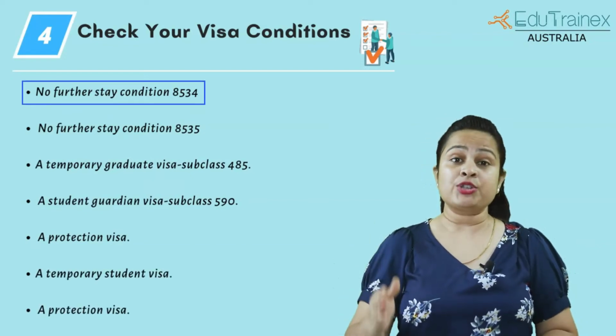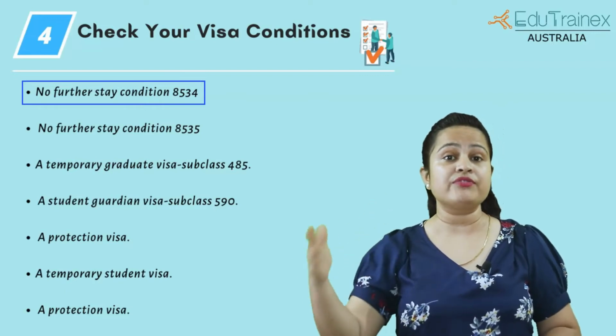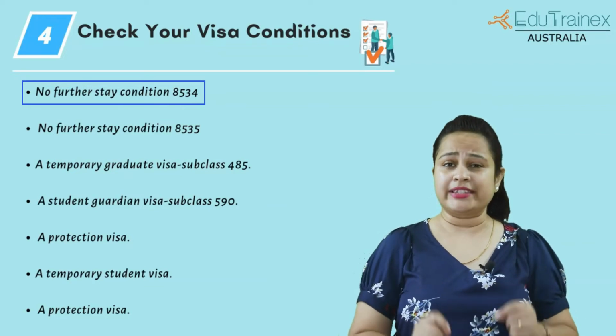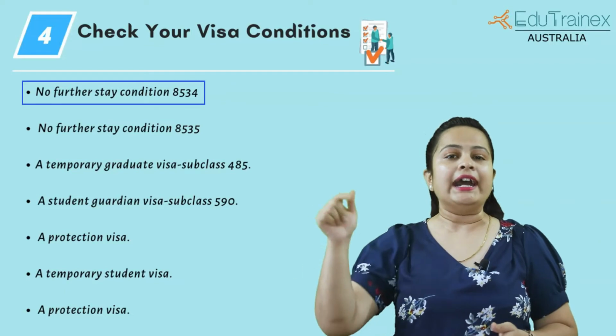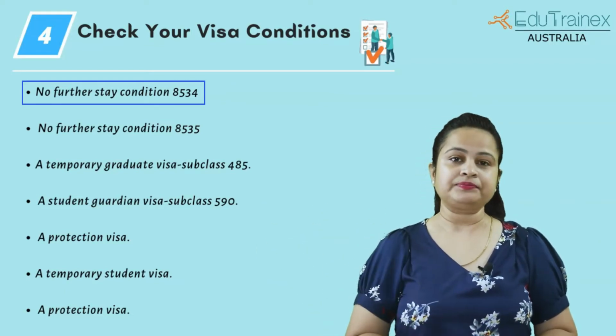The decision regarding whether to include condition 8534 on your student visa will be made by your case officer. A student visa with this condition won't allow you to apply for another Australia visa unless you are applying for these visas.